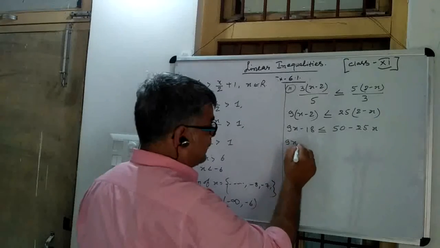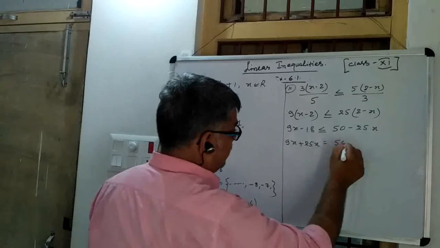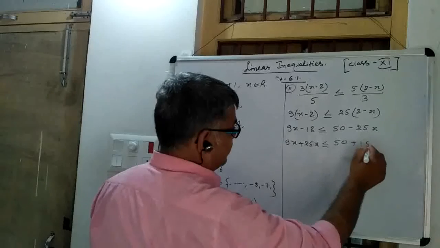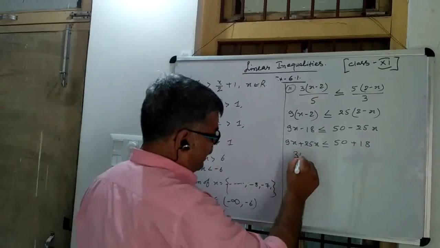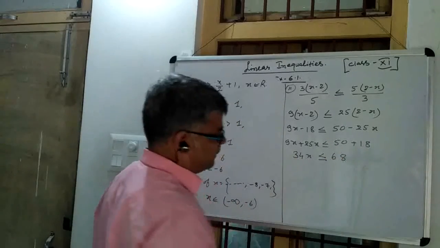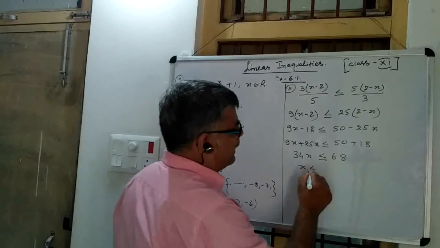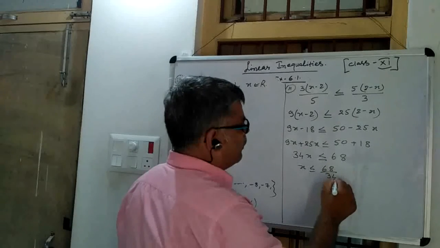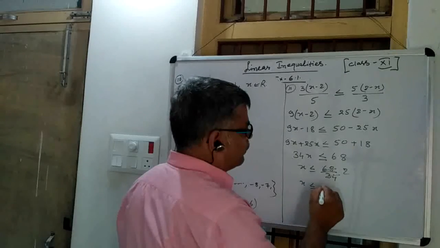So it becomes 9x plus 25x is less than or equal to 50 plus 18. Now 25 plus 9 will become 34x is less than or equal to 68. 50 plus 18 is 68. So x is less than or equal to 68 by 34, that is 2. It means the value of x is less than or equal to 2.